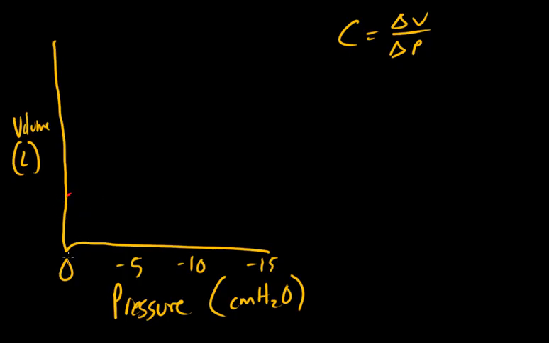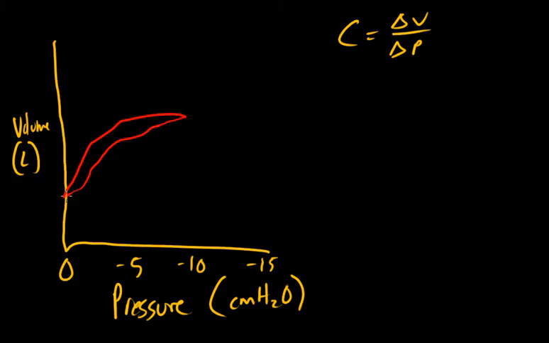We have 0 pressure. Now, at 0 pressure, we're going to take a nice deep breath in. I'll show you the curve, and then I'll explain it in just a little bit. Now, this is kind of a funky looking shape.